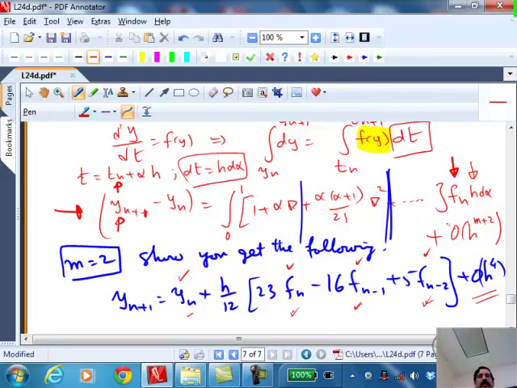Okay. So here, the simplest way to introduce it is to change your reference point from n to n plus 1. If I construct the polynomial around the reference point n plus 1, fn plus 1, then when I expand this delta fn, delta square fn, etc., I will have fn plus 1, fn minus 1.